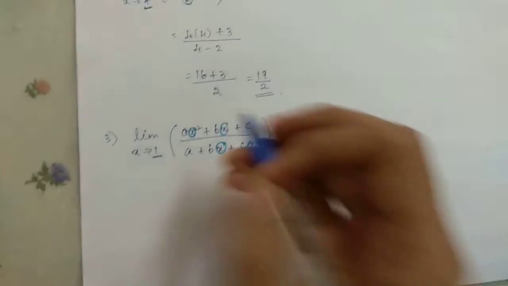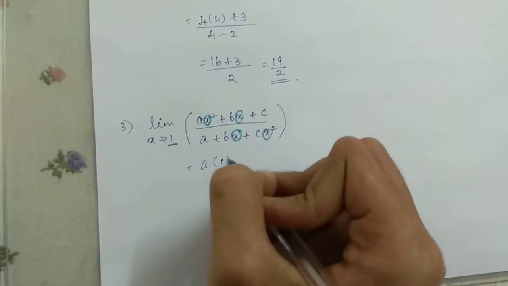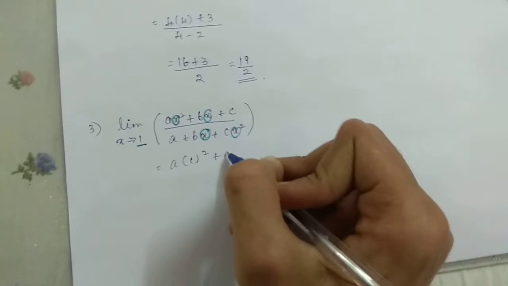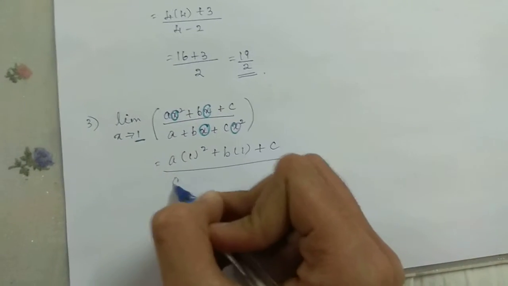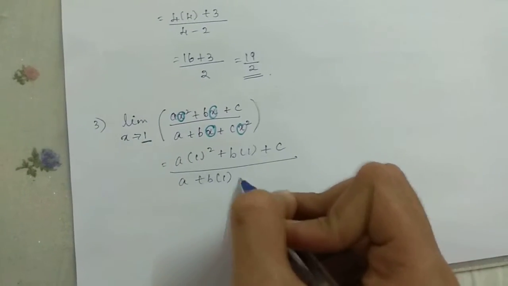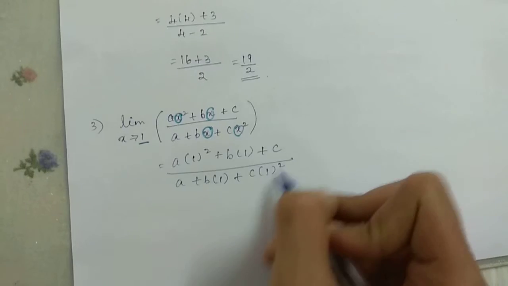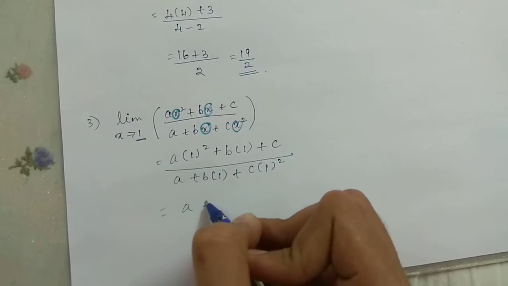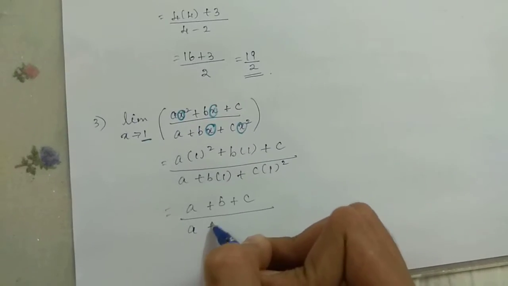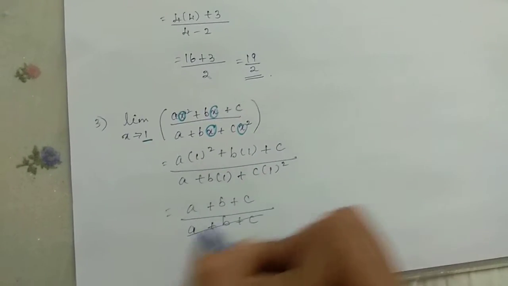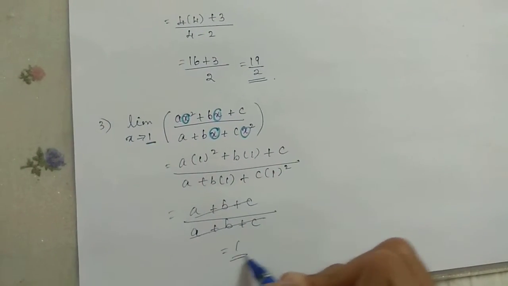Let's start solving. So a into 1 square plus b into 1 plus c divided by a plus b into 1 plus c into 1 square. This is a plus b plus c divided by a plus b plus c, which is equal to 1.